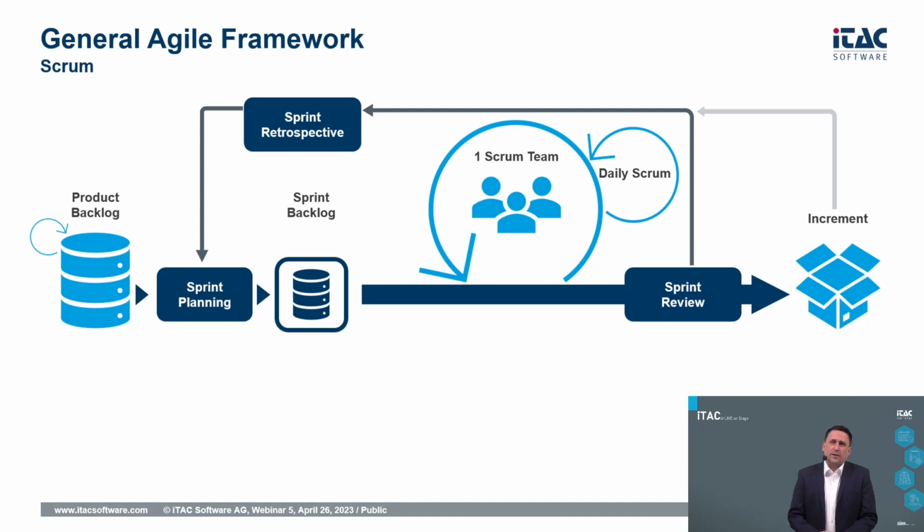On the left side, we have the product backlog, which is more or less just the user requirements that you have given us from the beginning, maybe enriched with some user stories. Then we take this huge backlog, which may go on for a really long time, and we go to a sprint planning.